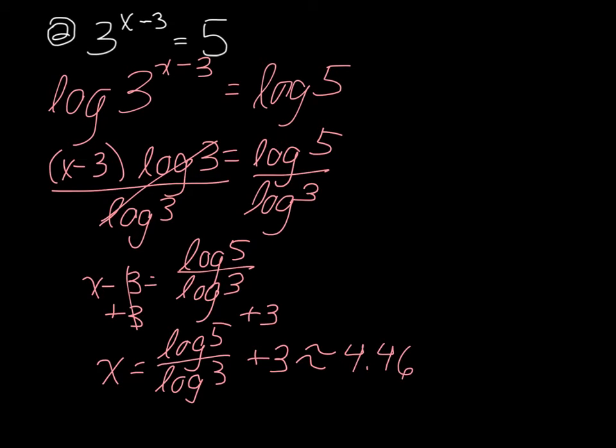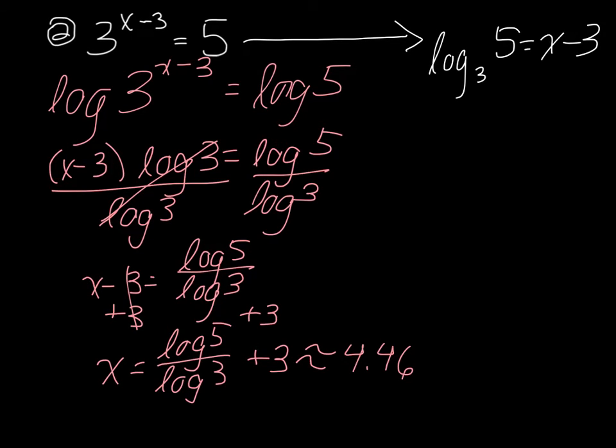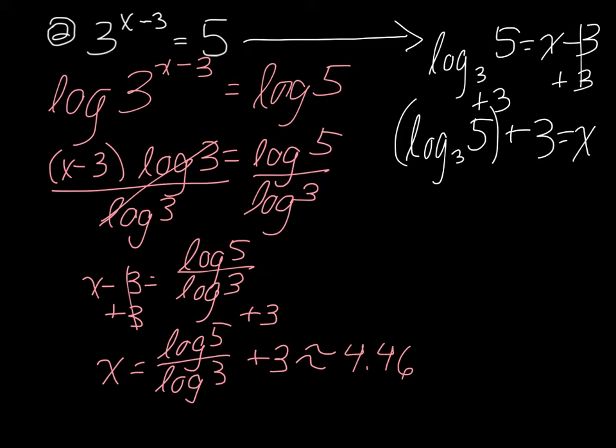Now, if we had solved this an alternate way, we could have rewritten it as log base 3 of 5 equals x minus 3. We would add the 3 to the other side and get log base 3 of 5 plus 3 has to equal x. Still, when rounding, you get that x is approximately 4.46.